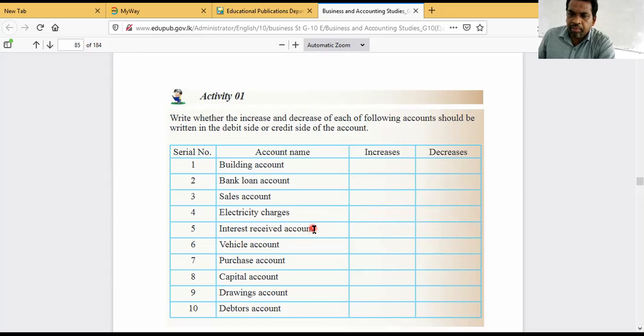Interest income, it comes under income, therefore increase CR, decrease DR. Vehicle account is an asset, therefore increase DR, decrease CR. Purchases account comes under expense, therefore expense increases DR, decreases CR. Capital account, it comes under equity, increase CR, decrease DR.